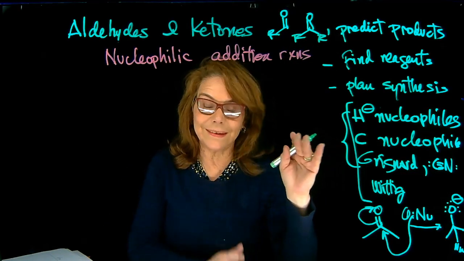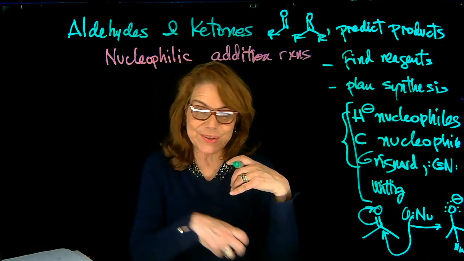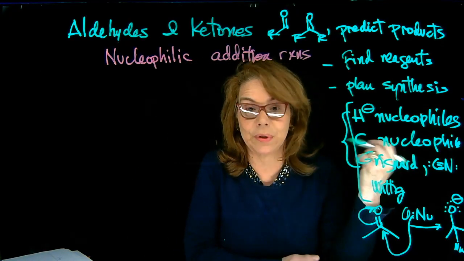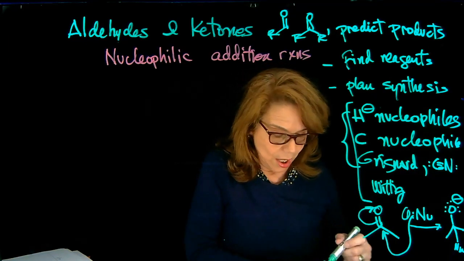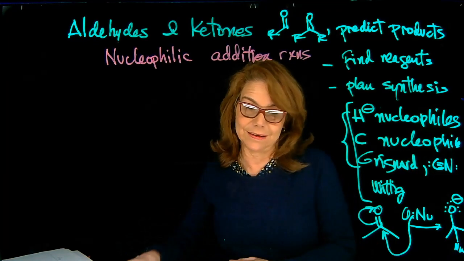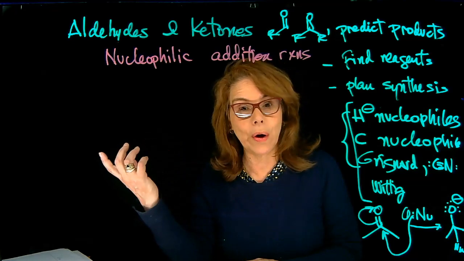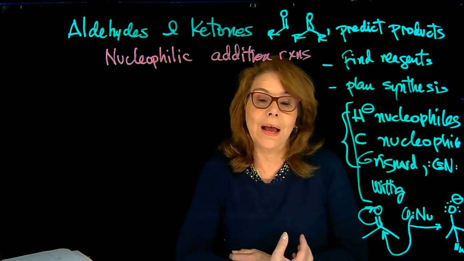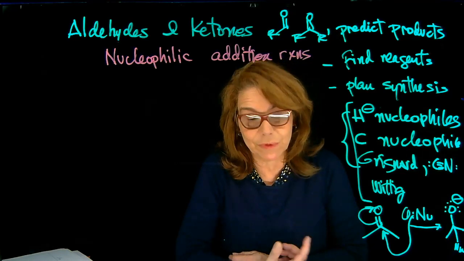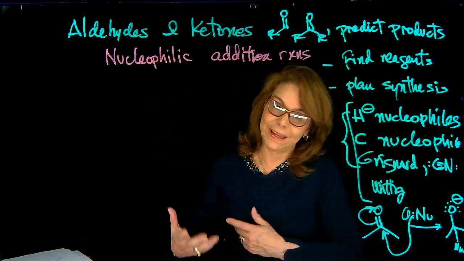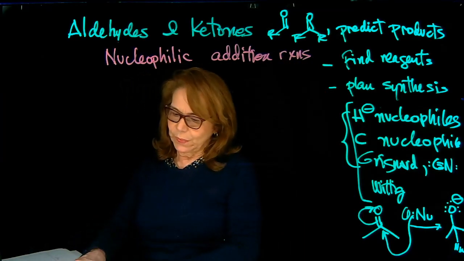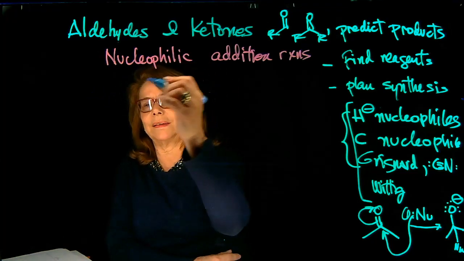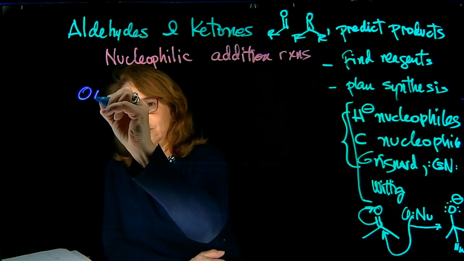Always the idea is knowing these reactions and understanding the mechanism to be able to predict products when we're given reactant and reaction conditions, or maybe given reactant and products, decide what is the best reagent to accomplish that, and plan a synthesis. Okay. So other nucleophiles that can act over aldehydes and ketones are oxygen nucleophiles.